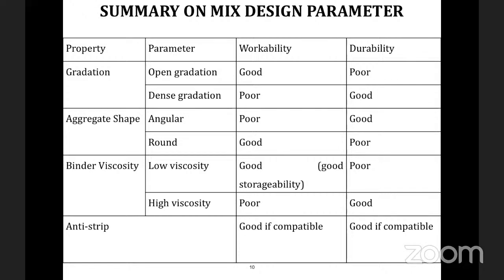If it is used, we have good storage stability. That is important, no curing is needed, and it will have good workability. But in order to improve the durability, we can go for an anti-stripping agent. If we go for higher viscosity, durability will be good, but workability and storability will not be there. Next, anti-stripping: in a cold mix patching mixture, an anti-stripping agent should be used. That is good. So that is the summary of the mix design parameters.